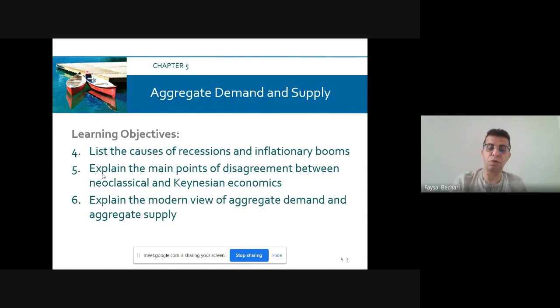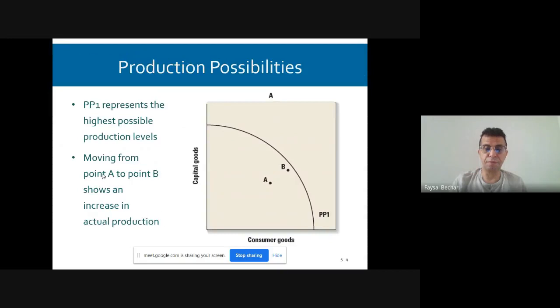So there is the neoclassical, there is the Keynesians, and there is a modern view of the economy. You see that economic theories are set, and you need to derive your analysis and the future from them.